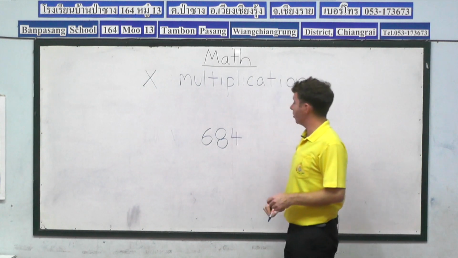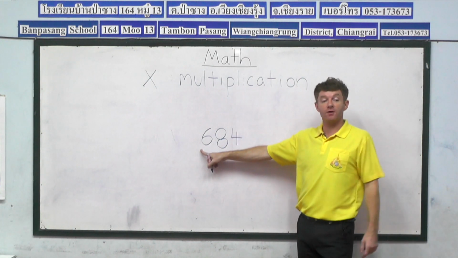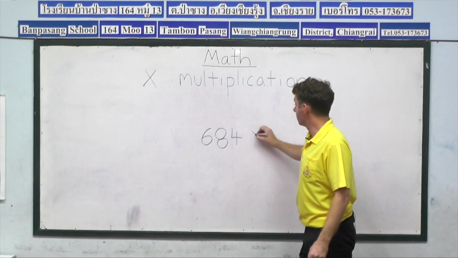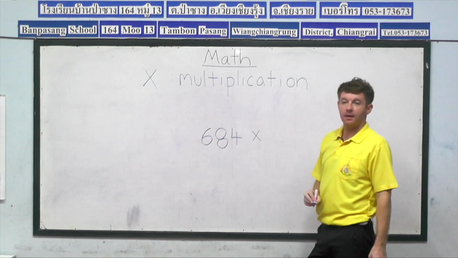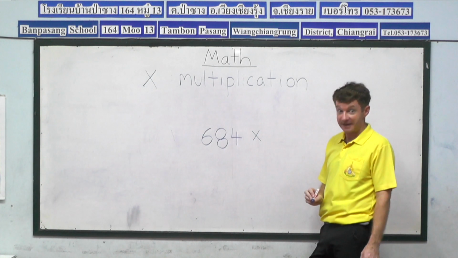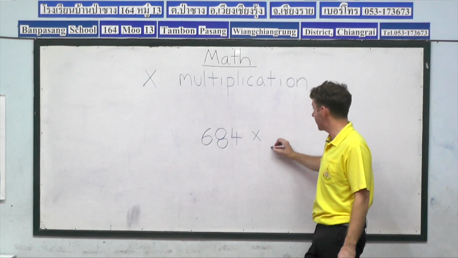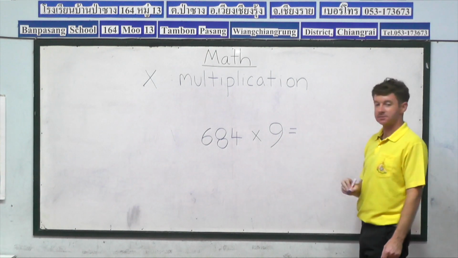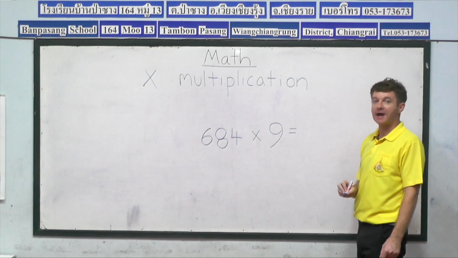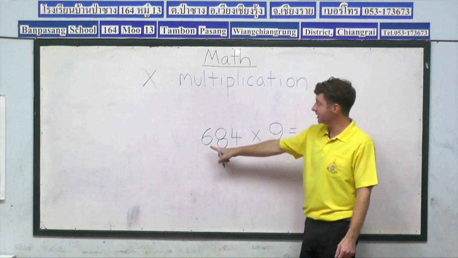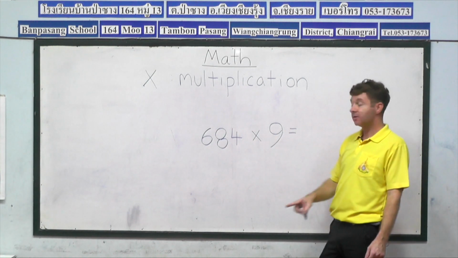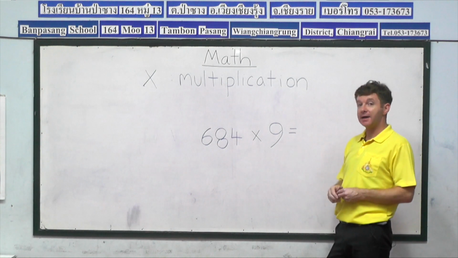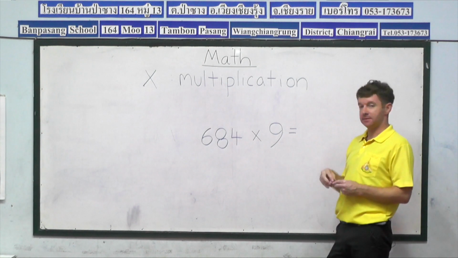6, 8, 4 is 684. Multiplied by 9. Are you sure? 9. Okay, let's do 9. Equals. Okay, so we have our multiplication problem. 684 multiplied by 9.